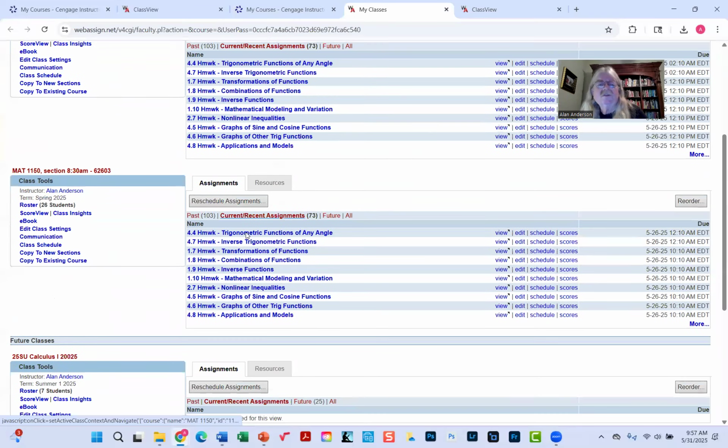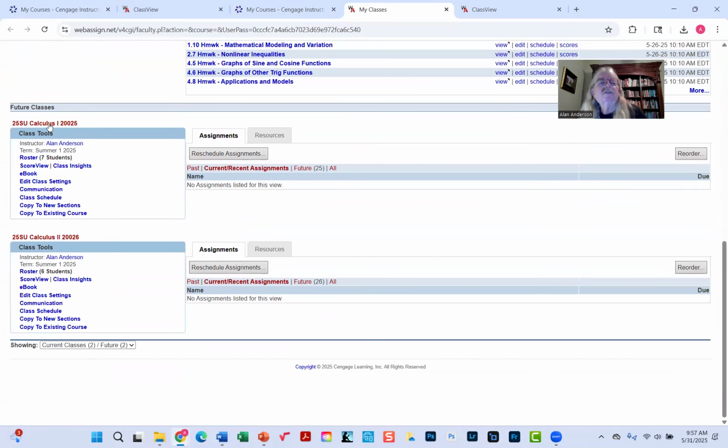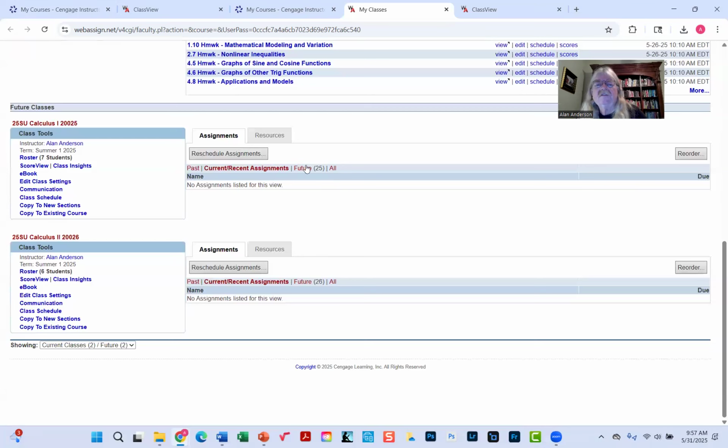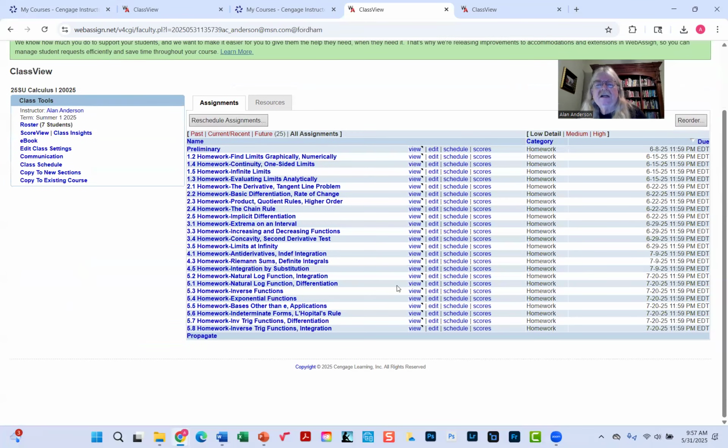Now I have a bunch of other courses here. You should only end up seeing just this one, the Calc one. And now, because the course technically hasn't started yet, they're all listed under the category future. I usually just click on all just to see them all at once. So here they are. Now it looks like you're saying, oh my God, all those assignments we have to do. Well, remember, this is a full semester course, and this is going to take place over 8 weeks. So the due dates are over here.